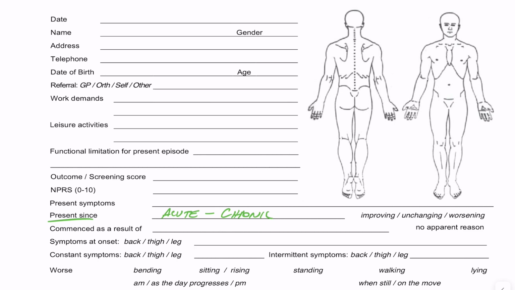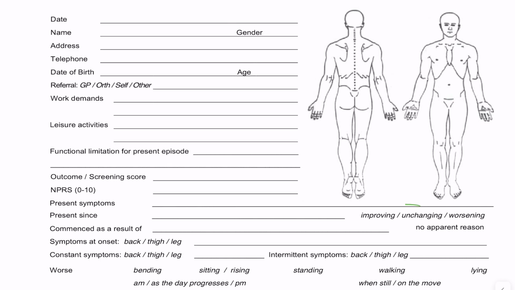Lumbar manipulation in a really acute patient, you might be thinking that's something that you might be able to use, where manipulation's been shown to be most effective in the acute phase. So that might cue you into something that you might want to look at using, versus a chronic situation where, depending upon how long it's been present, that would maybe help you think about a nervous system component. So those things are important to glean.